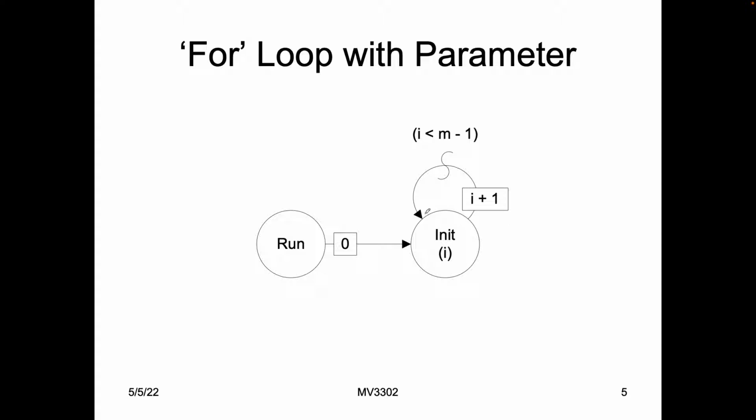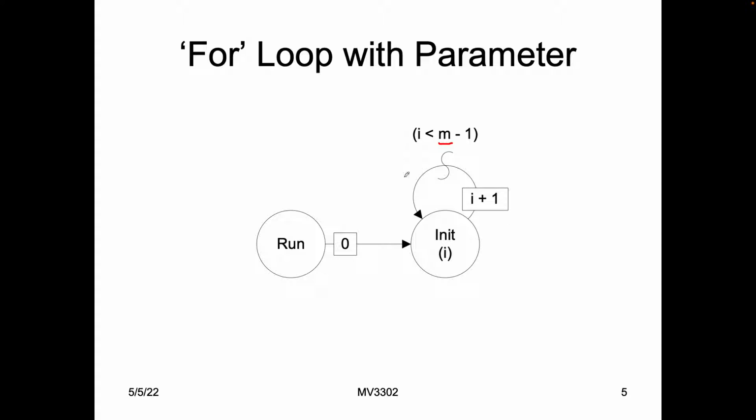I have a parameter. Here I'm using parameters in two different ways. I want the init event to happen m times at the very beginning. So that's a simulation parameter.